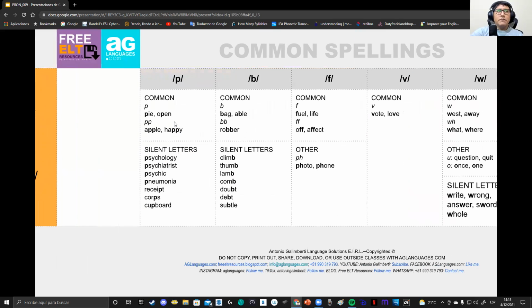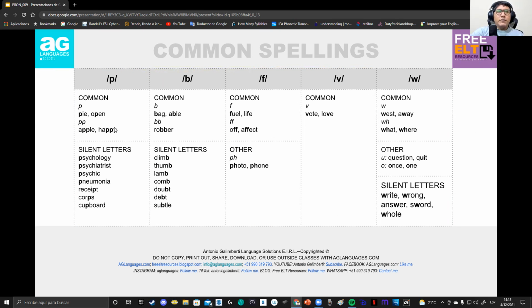And here we have some of the ways or some of the letters in which we are going to pronounce these sounds, like P, pie, open, apple, happy, B, bag, able, rob, robber, with the f sound, fuel, life, of, affect, with V, vote, love, W, west, away, what, and where.